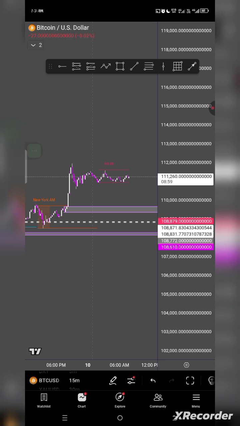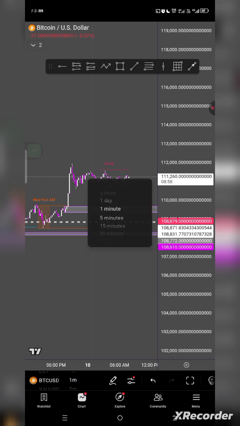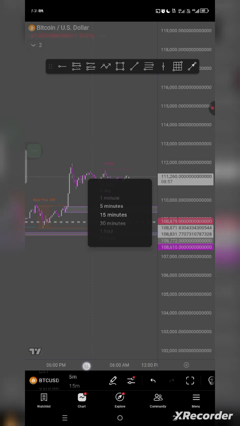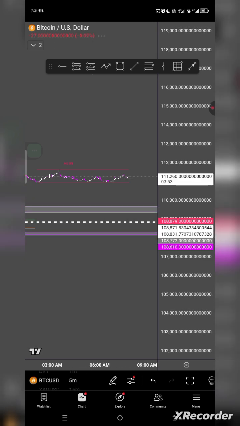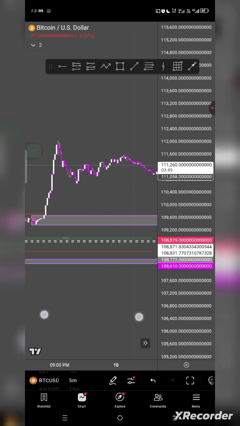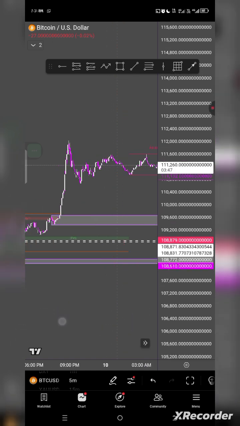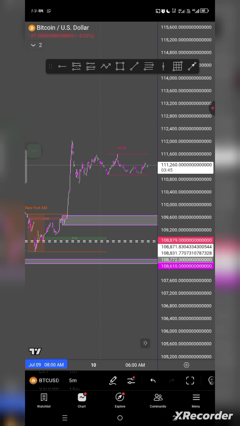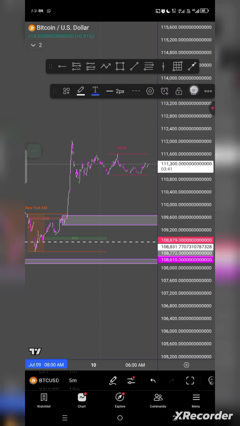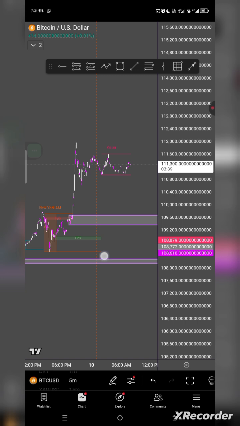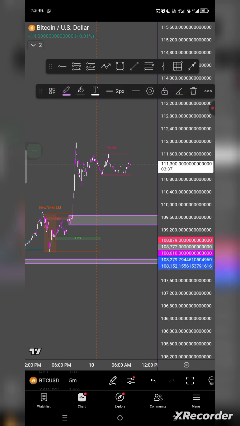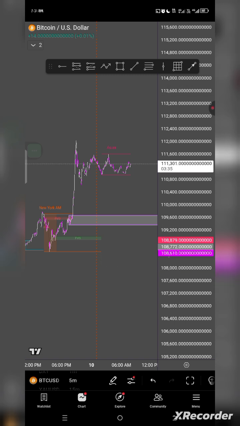So I think we're still on point. On the 15 minutes, see that same zone. Let's go to the 5 minutes. I think that's all about that. So we'll just wait till price gets back to that zone.